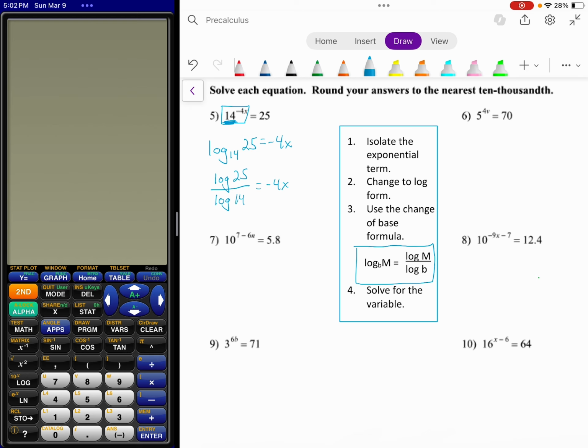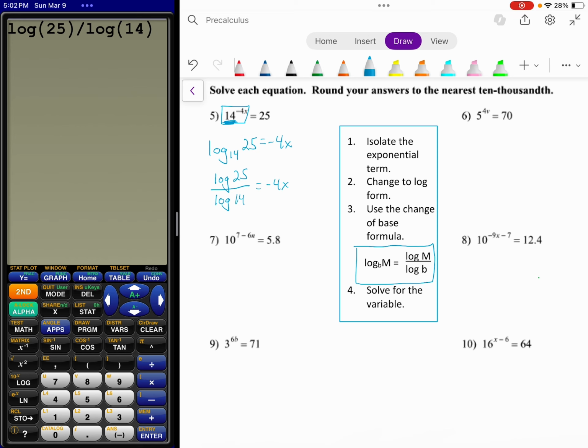I'm going to demonstrate here so we do our parentheses right. So in this case, we want the log of 25. So I need to find my log button. It's going to give us an opening parenthesis there, so log of 25. We need to close the parentheses, and then we're going to divide by log, opens the parentheses for us, 14.